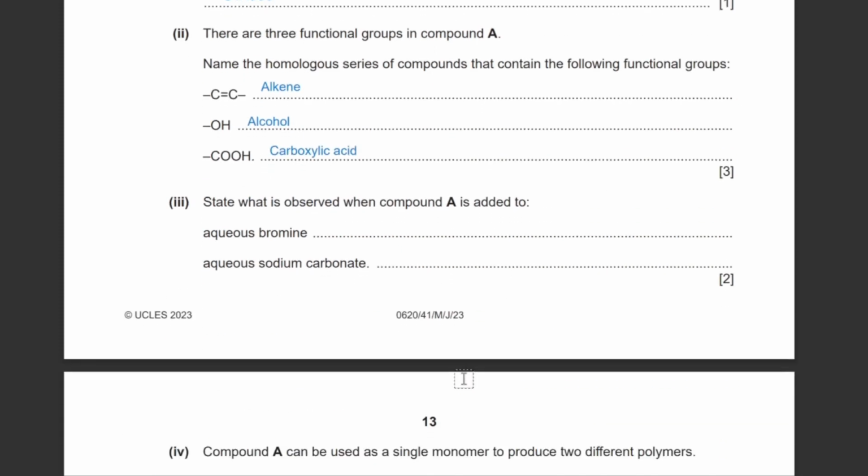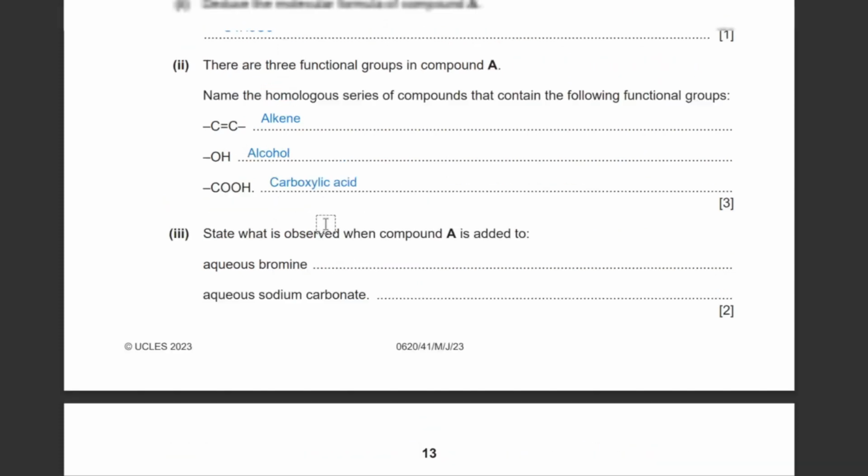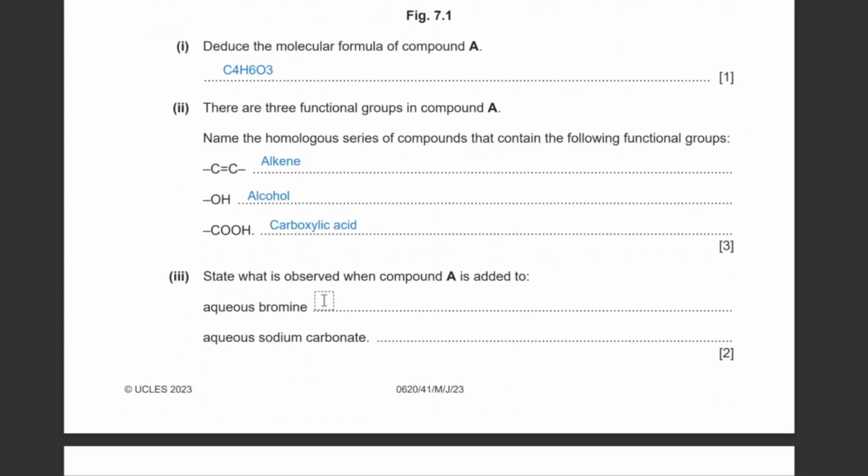State what is observed when A is added to aqueous bromine. It turns colorless. So it turns colorless because the alkene group reacts and the double bond between the carbons breaks and the carbons bond with bromine.